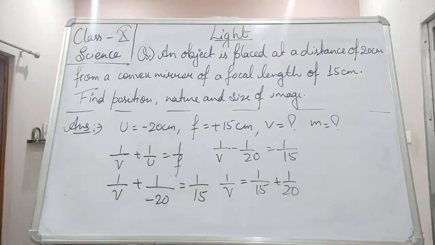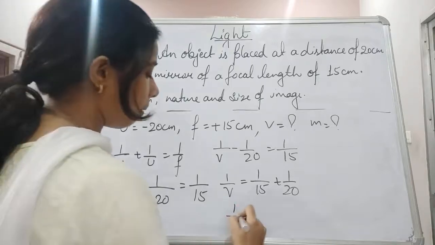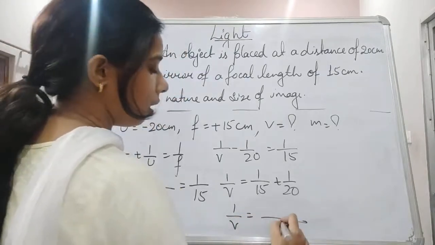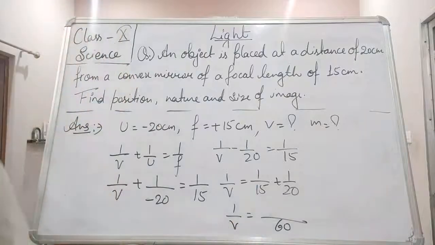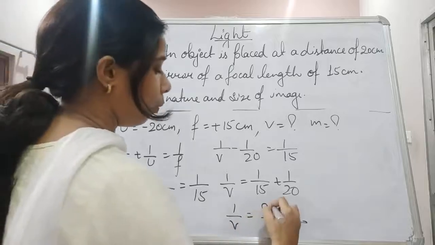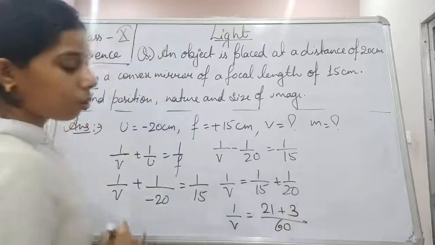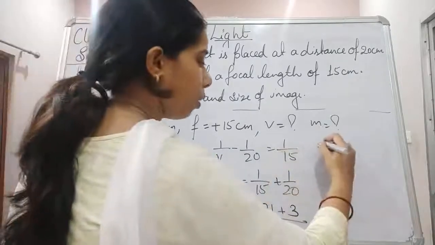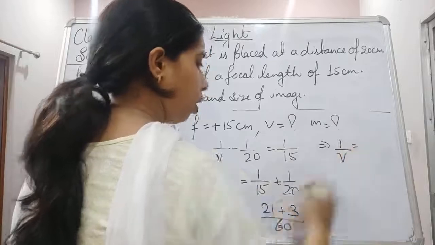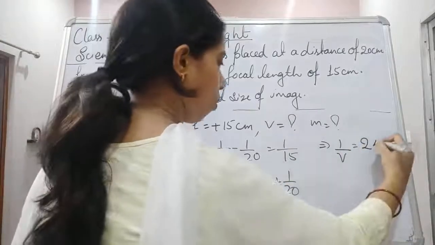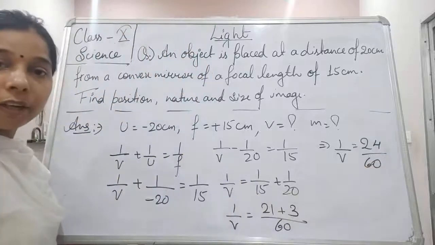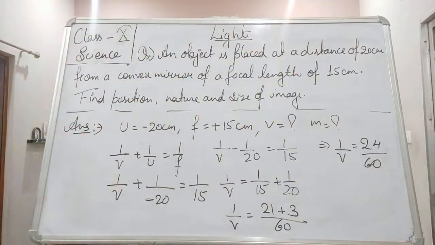Taking the LCM of this, students, it will become 1 by v is equals to 60. Now when we divide 60 by 15, we get the value 4.